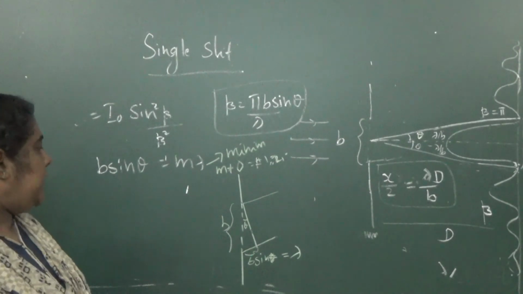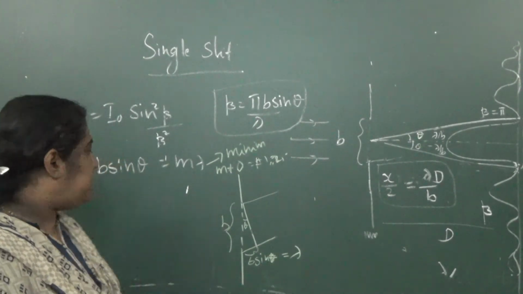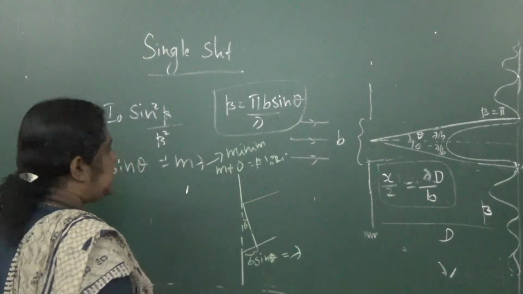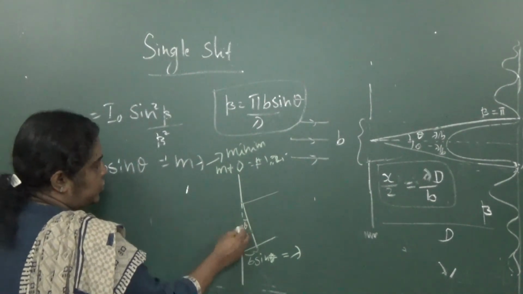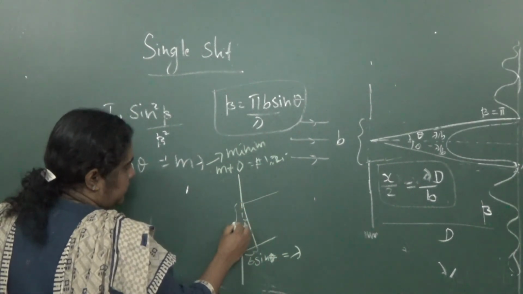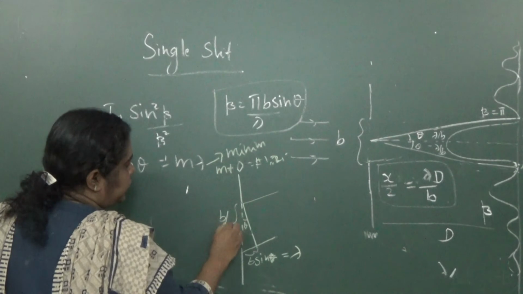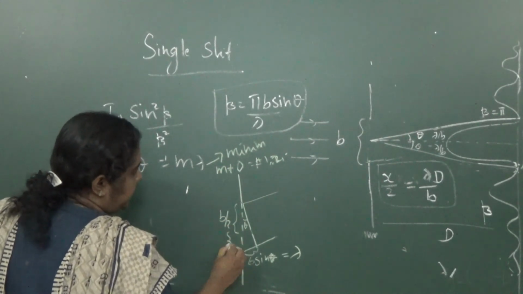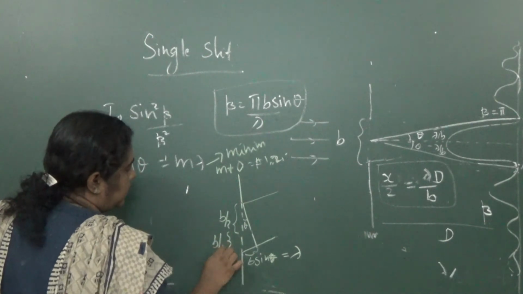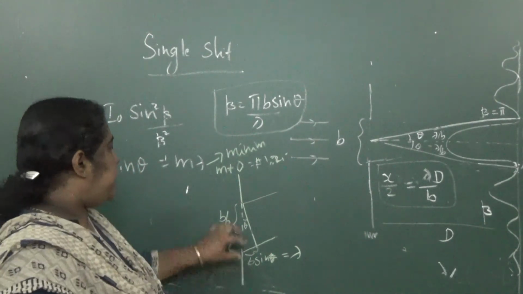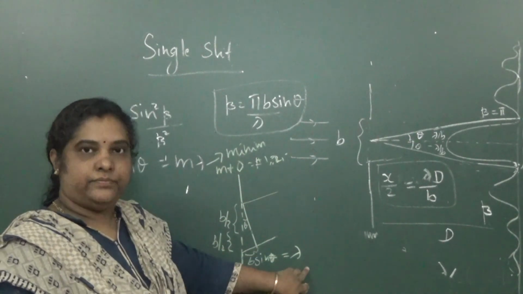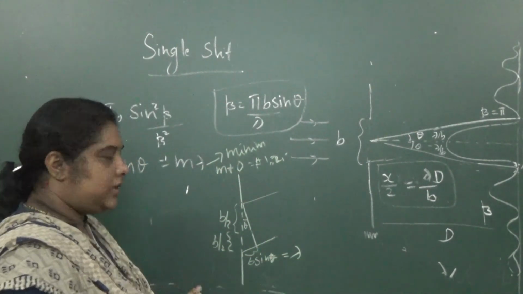Now, what is your problem? Think of b by 2. The optical path difference between the first point and the last point is lambda. Okay, that I understood.